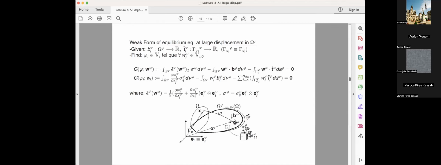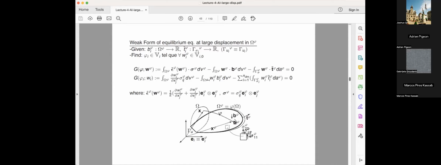And this is conjugate in terms of work to the true Cauchy stress tensor, sigma phi, which I can write as sigma ij ei phi times over ej phi. And then I have the work of the external forces, w phi dot b phi integrated over the deformed configuration, and over the boundary gamma phi sigma, I have a product between w phi and t phi bar, the known traction applied on this boundary.